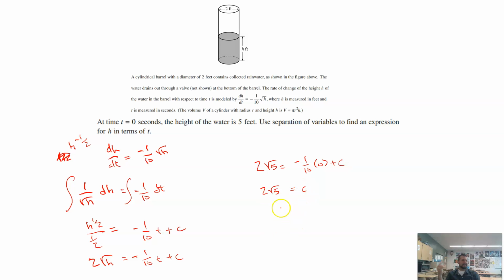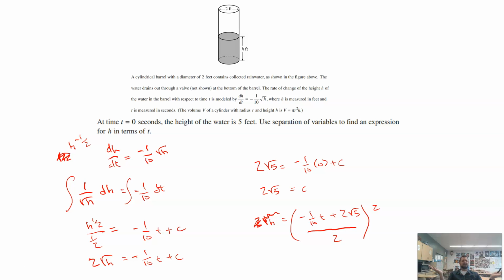I plug that back in, so I get 2 square root of h equals negative 1/10 t plus 2 square roots of 5. Now I just need to get h all by itself. So I divide everything by 2, and then I square both sides to get h by itself. And that is our answer on this problem.